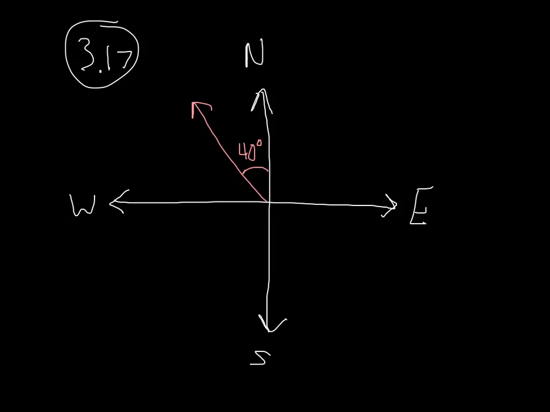We have to find the right triangle in there to find the components. So I have to find a right triangle. I can draw pieces of this to get me a right triangle. I can only move in the north, south, east, and west directions. So I can't actually walk at this angle. I have to walk either up and over or over and up to get to that point.